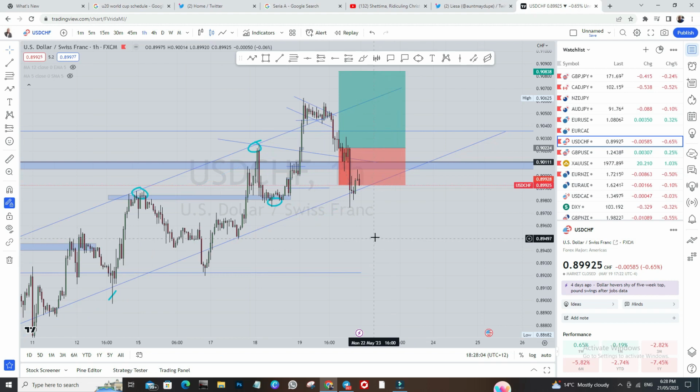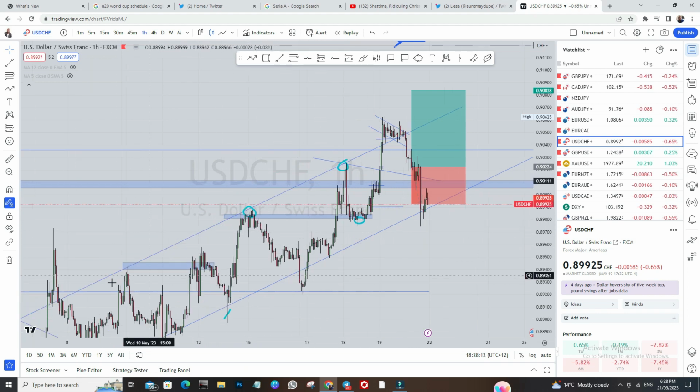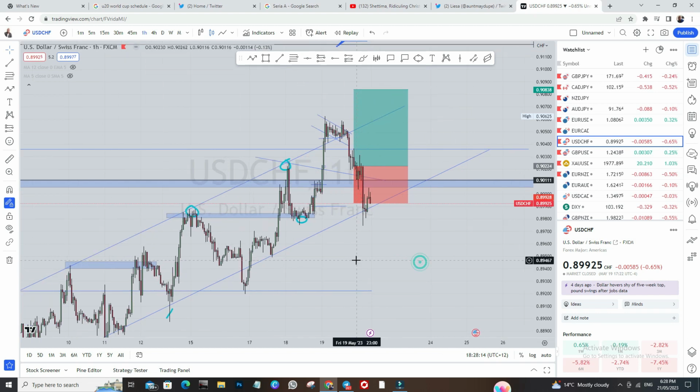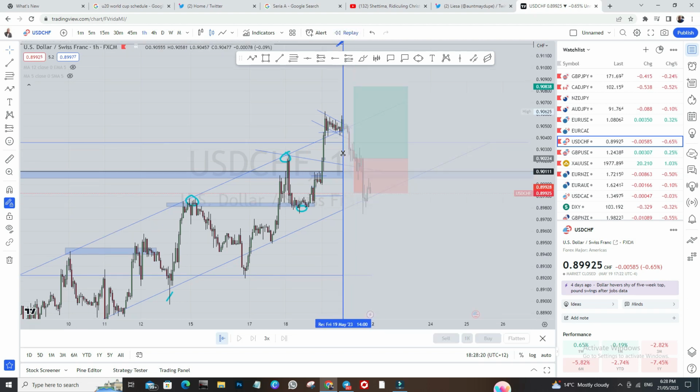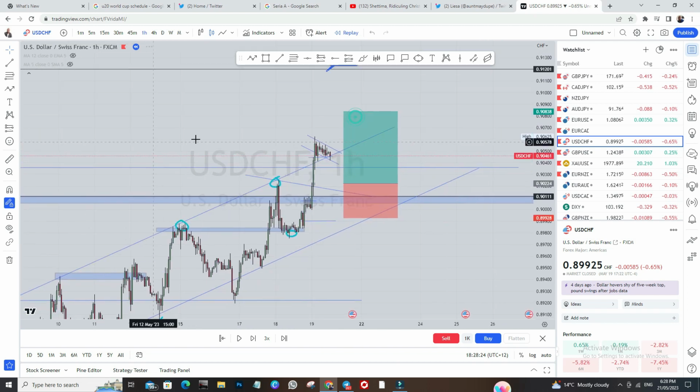The reason was that I identified that price was pushing to the upside on a channel, on a bullish channel. So what happened was that I played the price from here. Now I had an intention to buy.